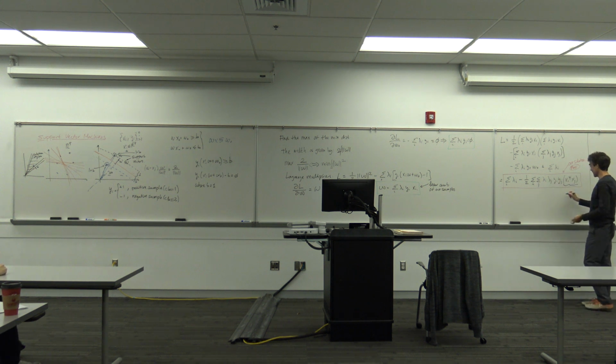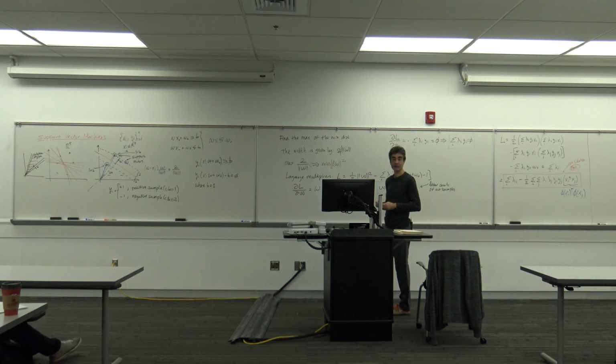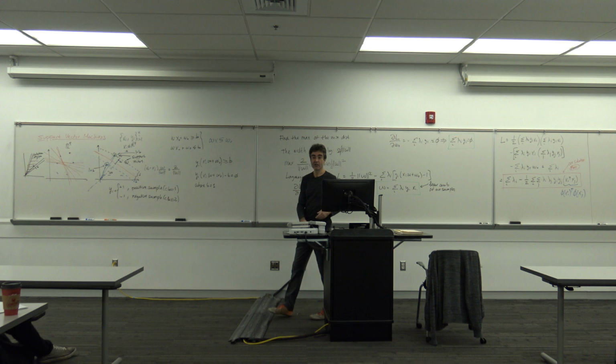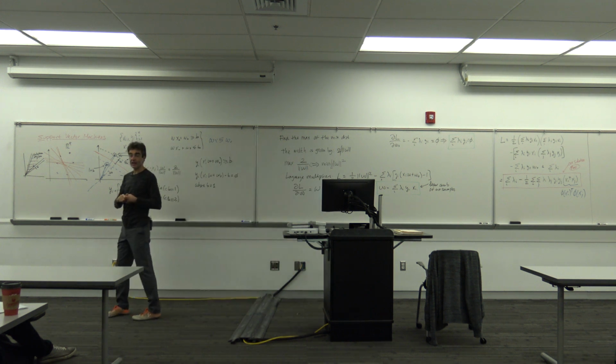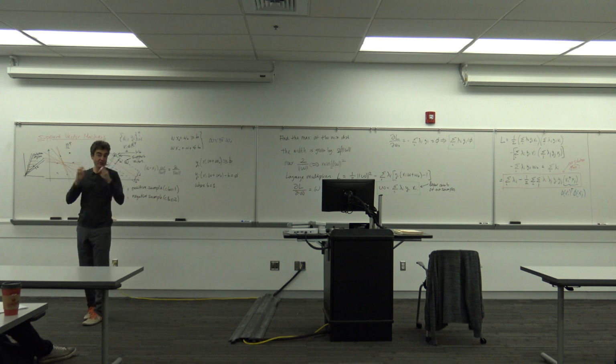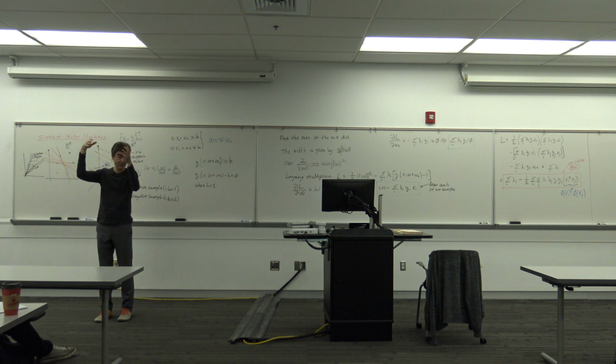So I changed this to phi of xi transpose phi of xj, where phi is an intrinsic mapping, a mapping function, one of the functions that we've defined before, that intrinsically maps my samples in my feature space into some intrinsically high dimensional feature space where the data is linearly separable.